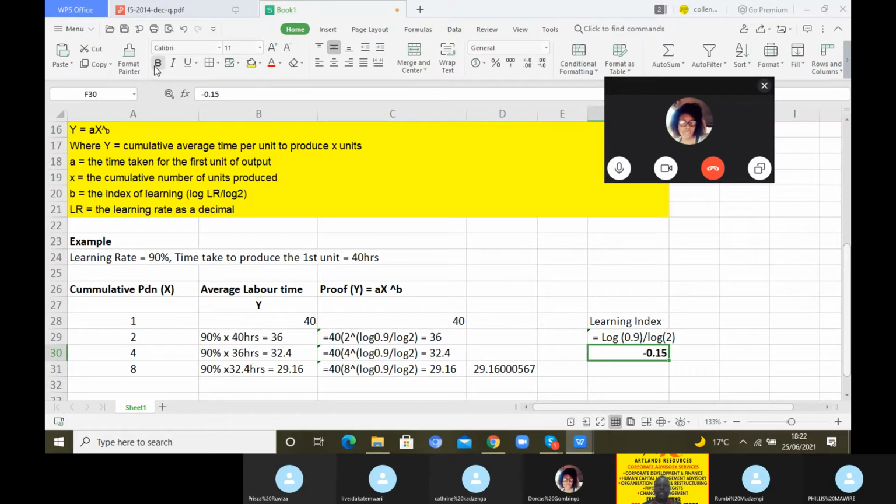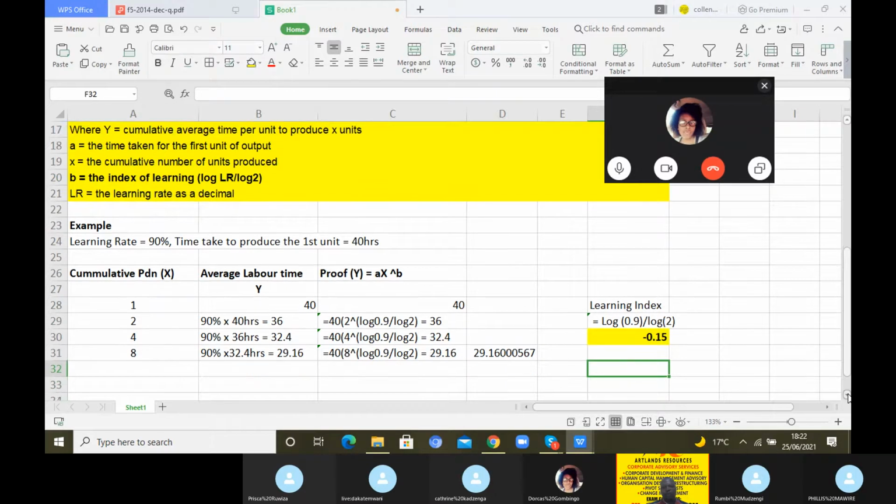All you have to do is punch the learning index like this. That collectively is known as B, your learning index, log 0.9 over log 2. So if the examiner says the learning index is minus 0.15, don't bother punching log again. You get that?